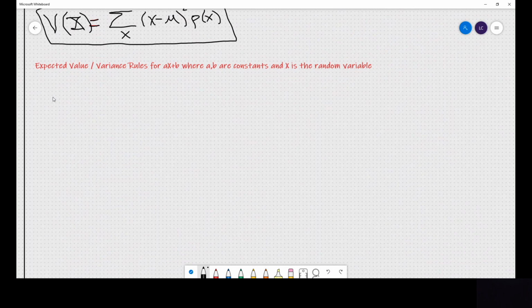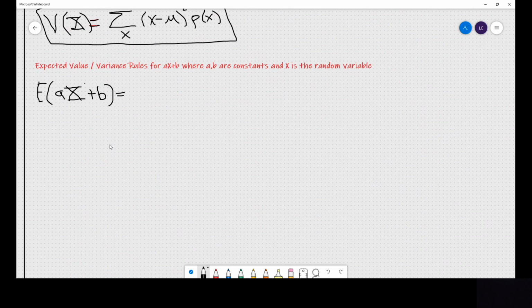Let me get my pen up over here. What I would like is the expected value of some constant times a random variable plus some constant. So we want to know what that is.